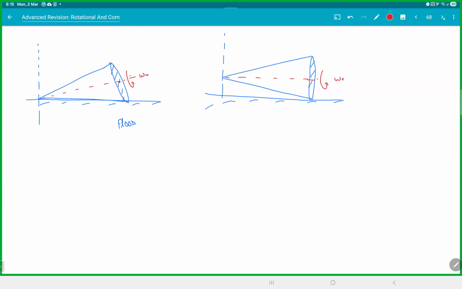This is rotating with omega naught. Can you tell me omega of the cone in both the cases? Assume you know everything, radius, length, everything. You're getting how the picture is? One cone is literally in contact here and the whole thing is sliding around. Meaning this whole thing rotates like this, and this one rotates like this. Are you able to get the cone how it is? I know my picture is not great, but I hope you got it. In both the cases, can you find omega of the cone?